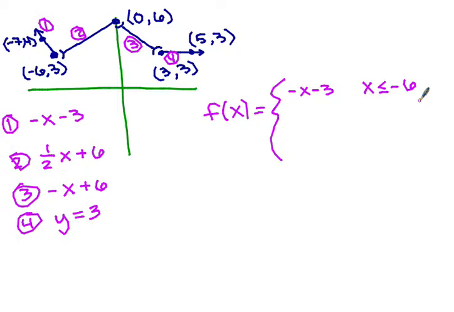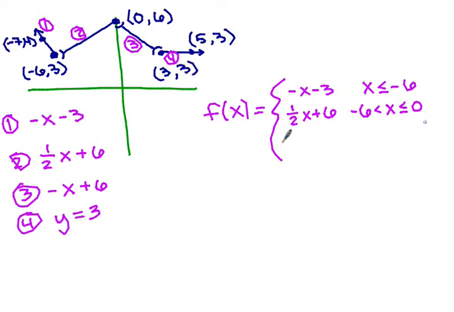And then the second equation is 1/2 x plus 6. It behaves like that between -6 and 0. So this is for -6, because of the cap, it's just going to be less than. And then a solid circle there, so x less than or equal to 0.